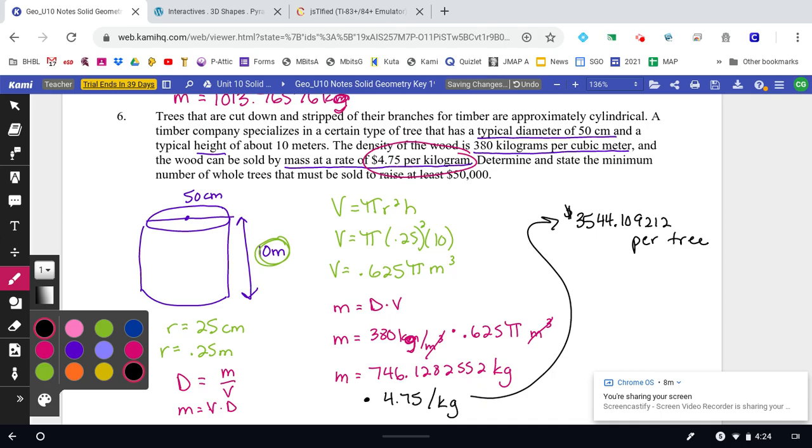If I want to take $50,000 and divide by this amount per tree, I'm going to get about 14.107. So if I only had 14 trees, it wouldn't be enough. I'm going to need 15 trees.